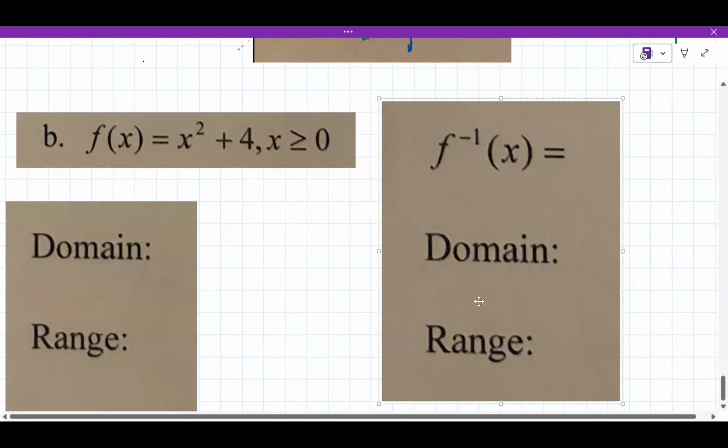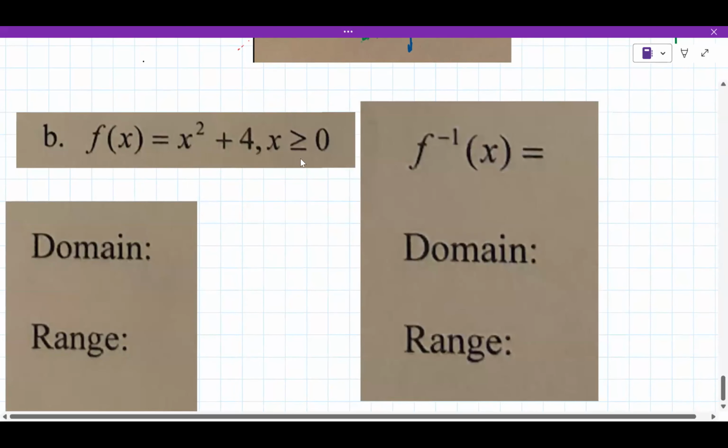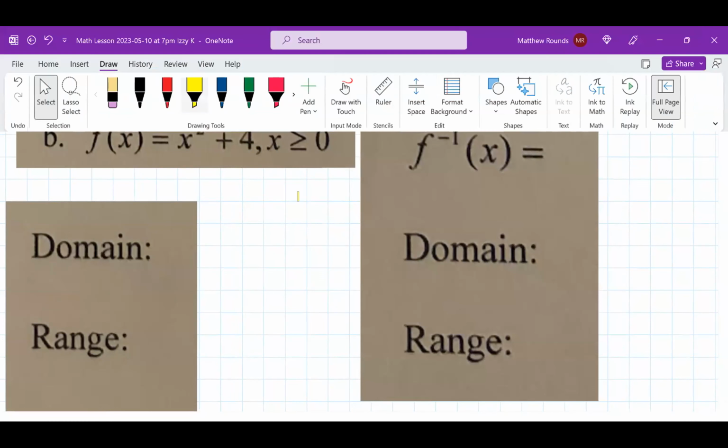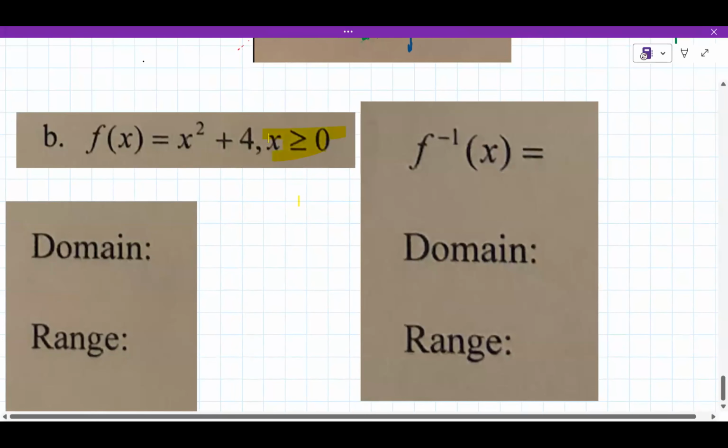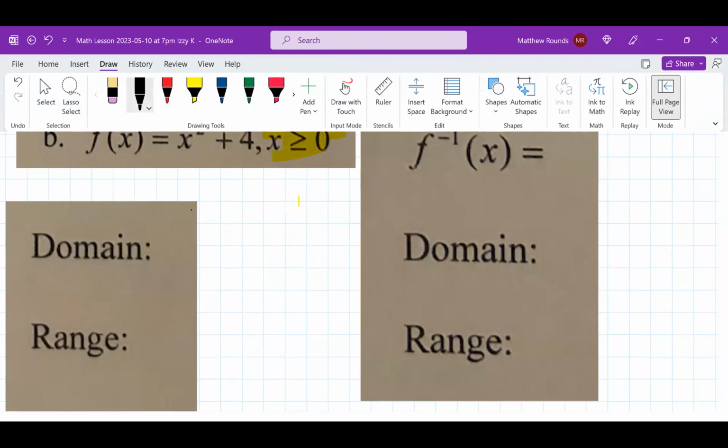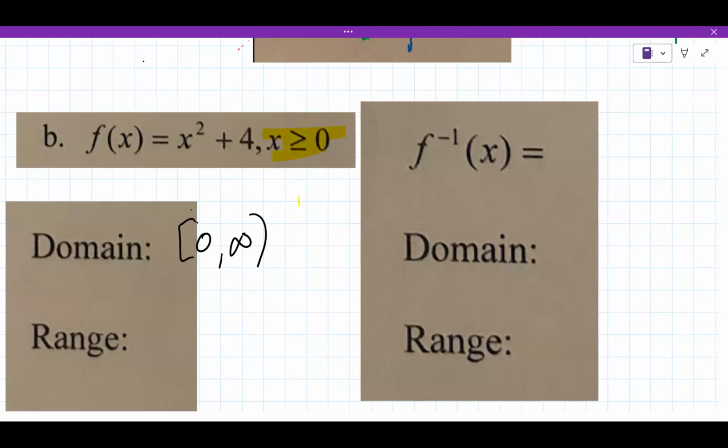All right. Okay, they're telling you the domain right here in the top, and we'll get to why that is in a moment. The domain is 0 to infinity, and that tells you the range of the other one. You just immediately write that down there. Okay.